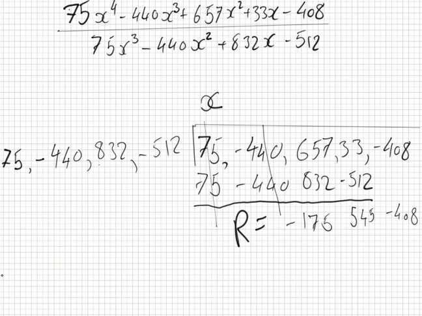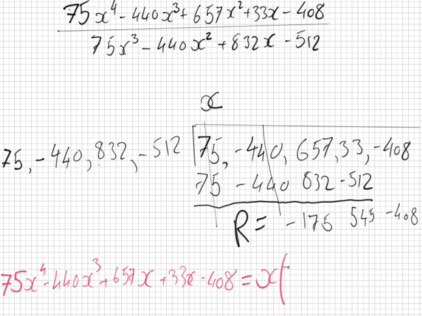So now I have 75x^4 minus 440x cubed plus 657x squared plus 33x minus 408 equals x times 75x cubed minus 440x squared.